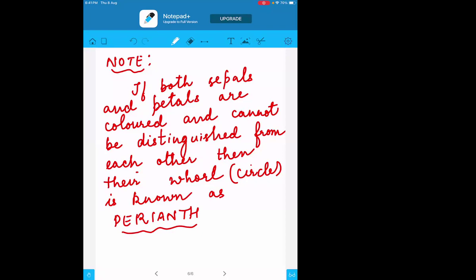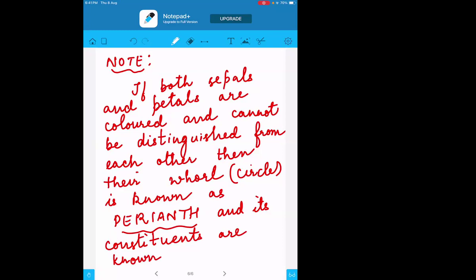You cannot identify which is the sepal and which is the petal. Then this whole complete circle or whorl is known as a perianth, and its constituents are called tepals.